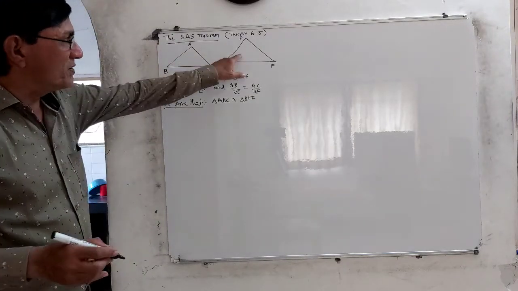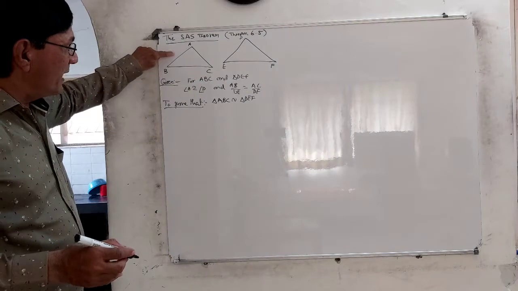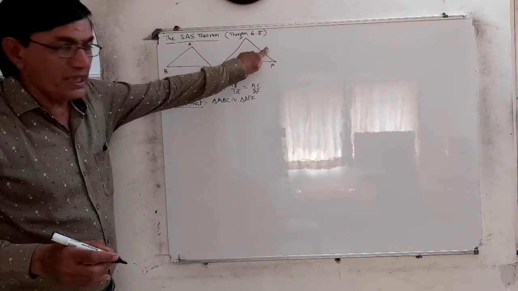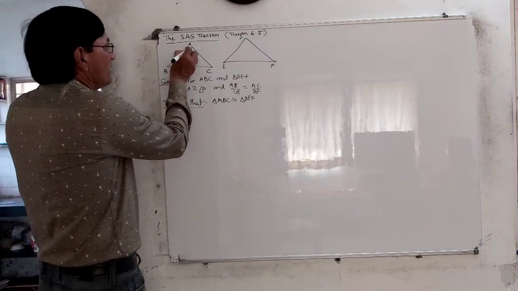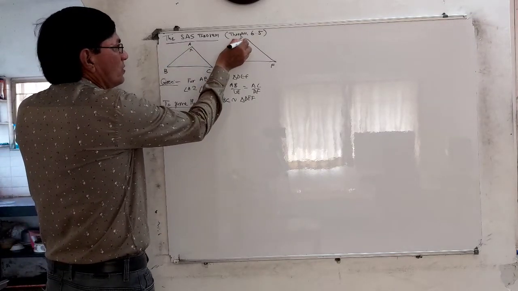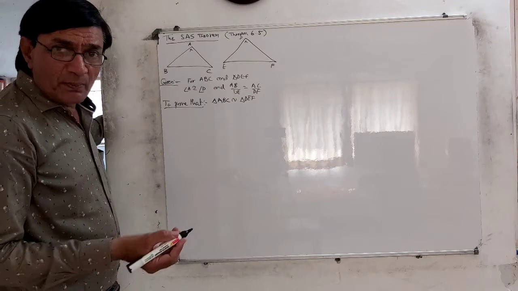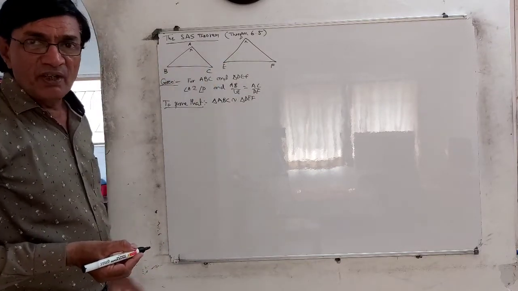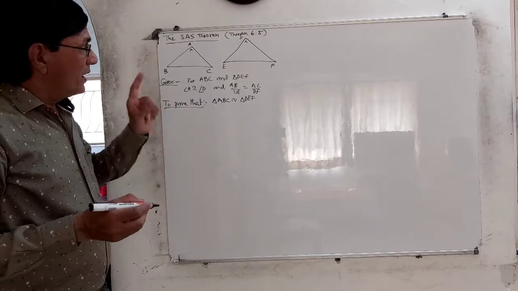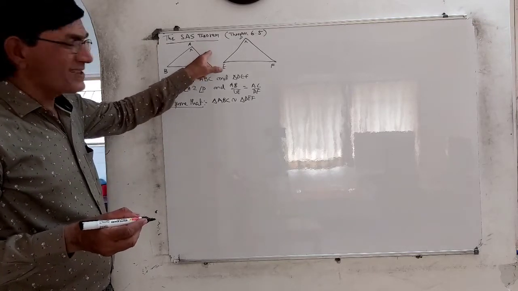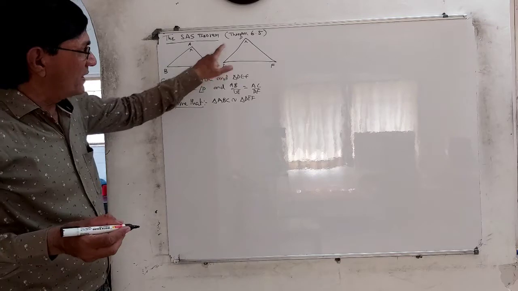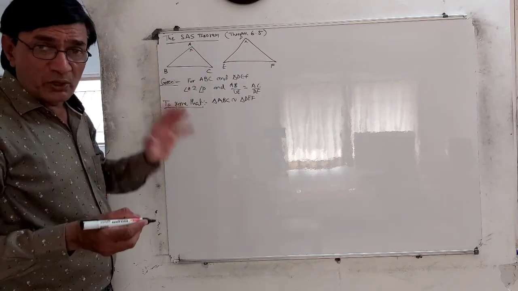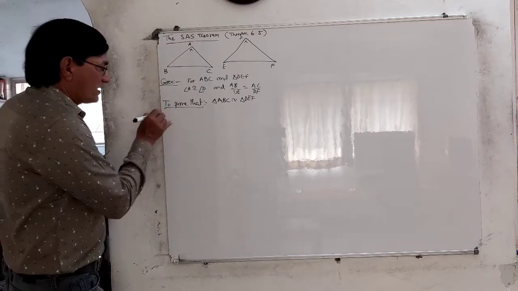In triangle ABC and triangle DEF, we are given AB upon DE is equal to AC upon DF, and also that angle A is congruent to angle D. We are supposed to prove that the two triangles ABC and DEF are similar. Remember, this is the SAS theorem, side angle side, Theorem 6.5 according to your textbook. Extremely important. Now let's write the proof.